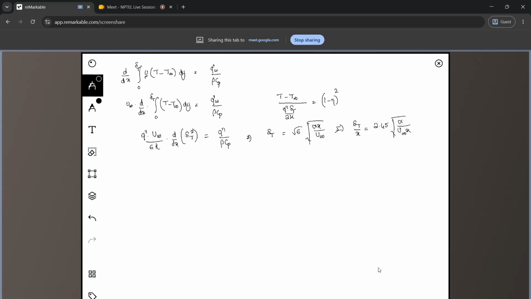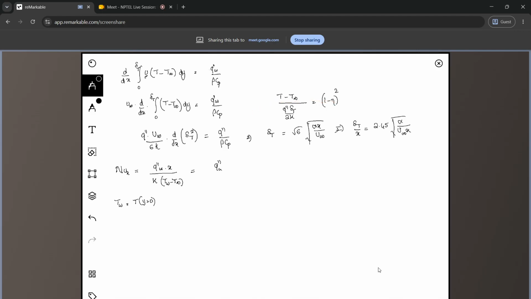Once I have this delta T, how do I calculate Nusselt number? Nusselt number is defined as convection to conduction. So convection heat flux is q double prime W. Conduction heat flux is k times delta T, which is T wall minus T infinity. I have to replace this with x. And now I have to calculate Tw minus T infinity, where Tw is basically T at y equals 0. So if I substitute y equal to 0, eta will be 0. So from this equation, I can get Tw minus T infinite.